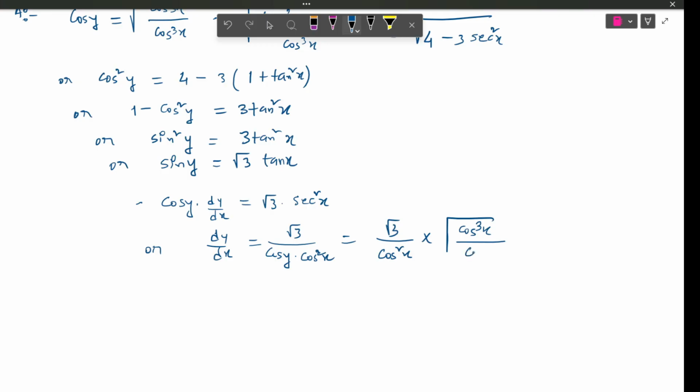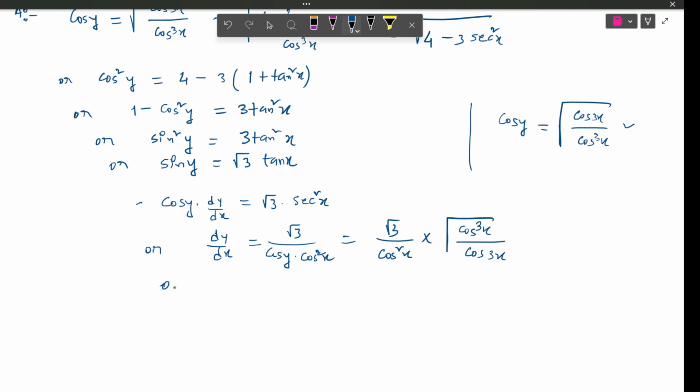by cos 3x. See, here we have applied this relation because we know cos of y equals to root under of cos 3x divided by cos cube x, right? Here we have applied in the place of cos of y. Okay, done.